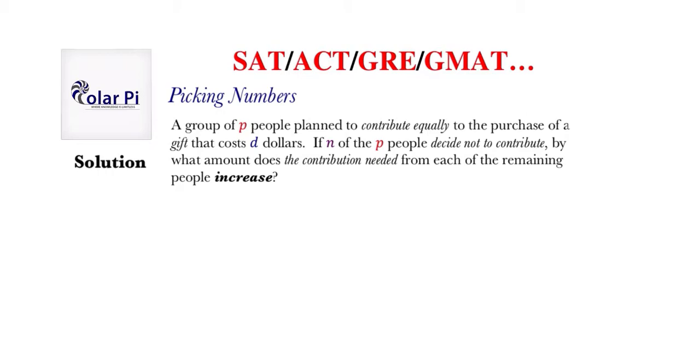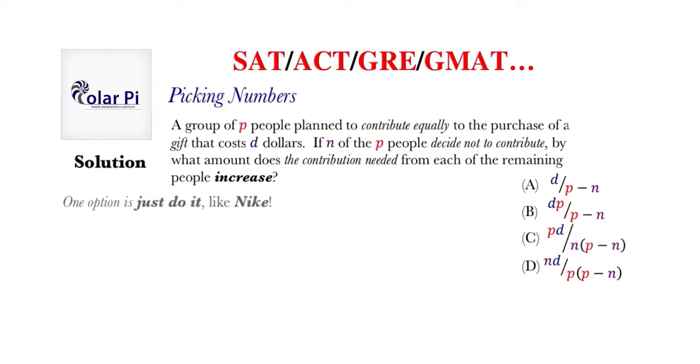To demonstrate, let's look at this question. Take the time to read the question and see if you can do it, and here are the answer choices. Now, one way to do this problem, if you don't find it confusing, is to just do it, right? Notice that we have P people and D dollars that they have to contribute to a certain gift.